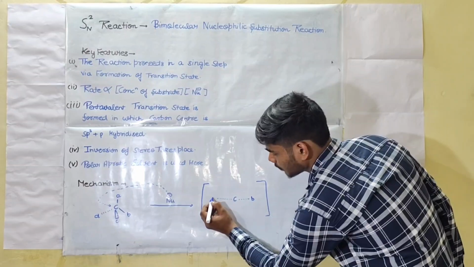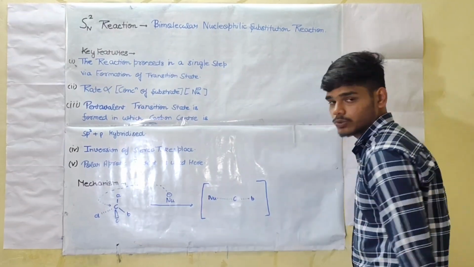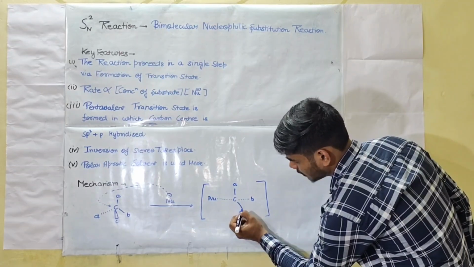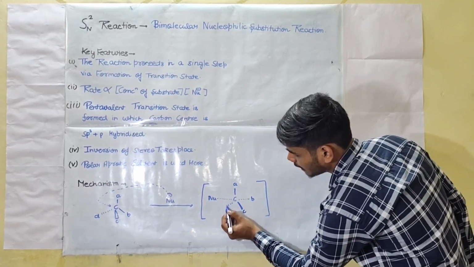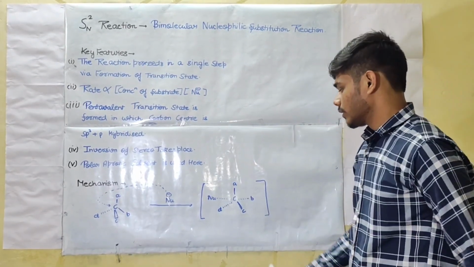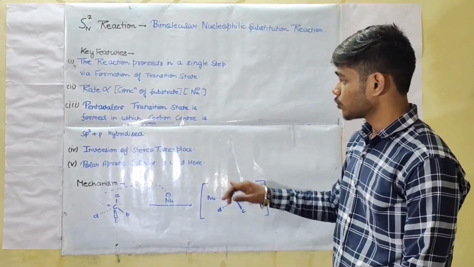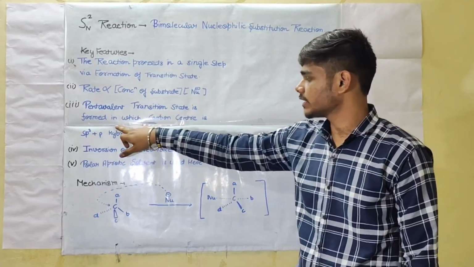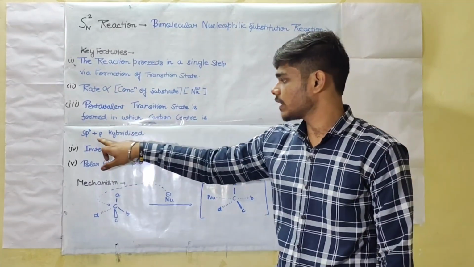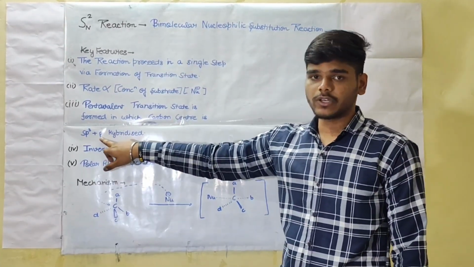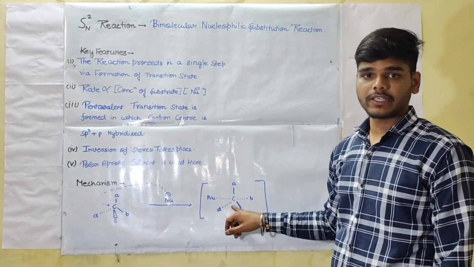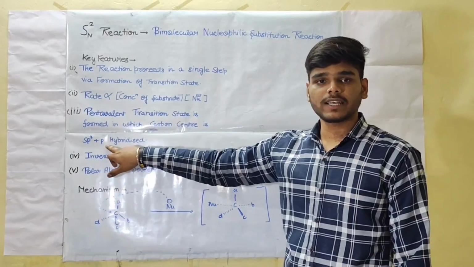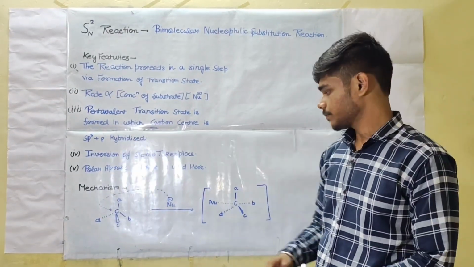B, the nucleophile just opposite to it, A is here, C is at wedge position, and D is at dash position. So we write here a pentavalent transition state is formed in which the carbon center is sp3 plus p hybridized, because we know that carbon doesn't have any vacant d orbital, so we don't write it as sp3d hybridized.